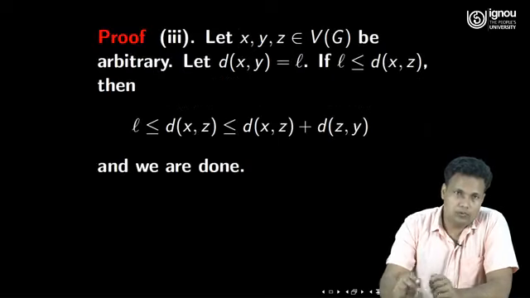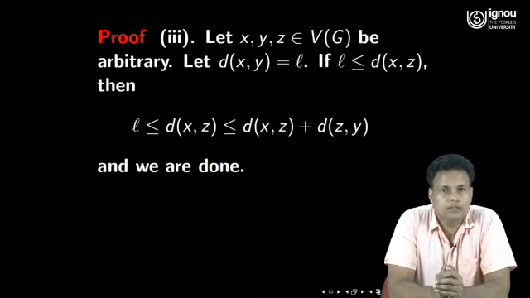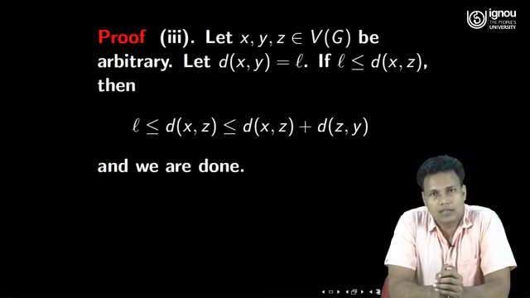So now we prove it. We pick three vertices x, y and z in the vertex set of G arbitrarily, and let us assume that the distance between x and y is L. Now if the distance between x and z is greater than or equal to L, then what do you have?